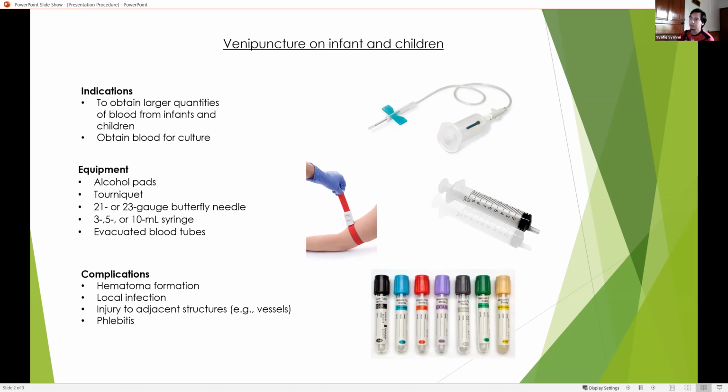Another indication is when we want to obtain blood for culture purposes. The equipment for venipuncture includes alcohol pads, tourniquet, 21 or 23 gauge butterfly needle, 3, 5 or 10 milliliter syringe, and lastly evacuated blood tubes. For venipuncture on infants and children, we may need a butterfly needle rather than the normal syringe and needle, as it is easier to control the position.